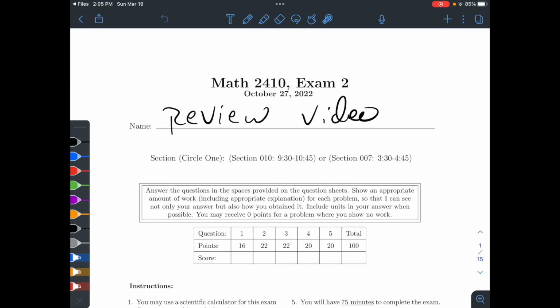Just use these as a way to gauge your level of understanding going into the exam, right? So if you only study these things, there will probably be some gaps in your knowledge. So study your notes, your guided notes, read the textbook, practice more problems. These are just meant to give you some extra problems to work on, just to gauge your understanding overall.